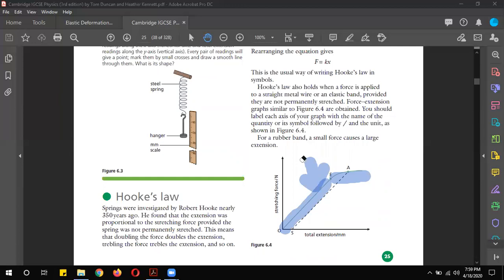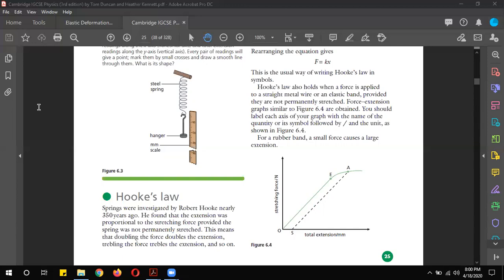Hooke's law is a law which states that within the elastic limit, when you increase the force, the extension and length will increase, or we can say the applied or stretching force is directly proportional to the change in length or extension. But when you cross the elastic limit, it won't follow Hooke's law.